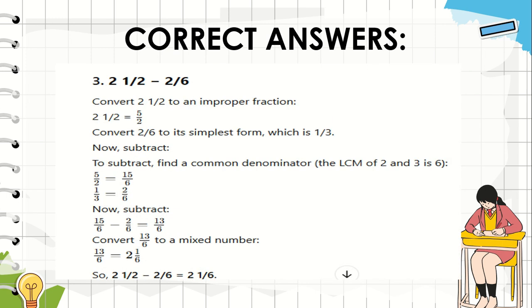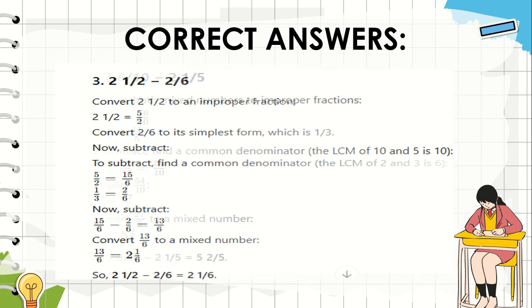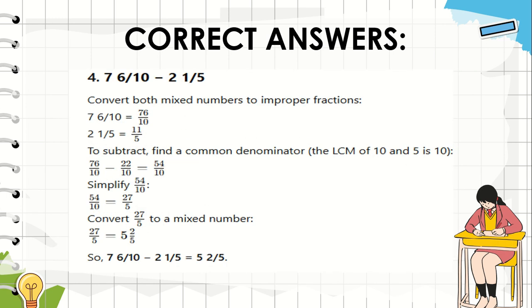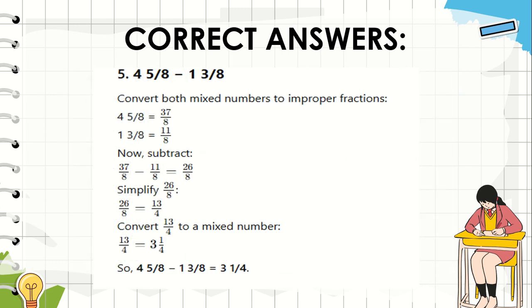Number 3, the answer is 2 and 1/6. Number 4, the correct answer is 5 and 2/5. Number 5, the answer is 3 and 1/4.